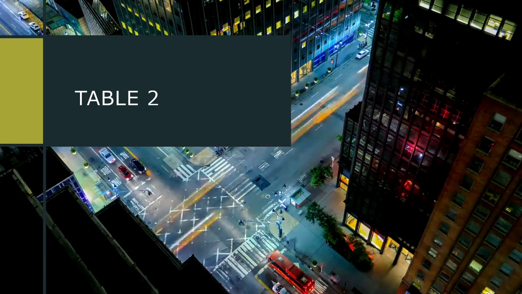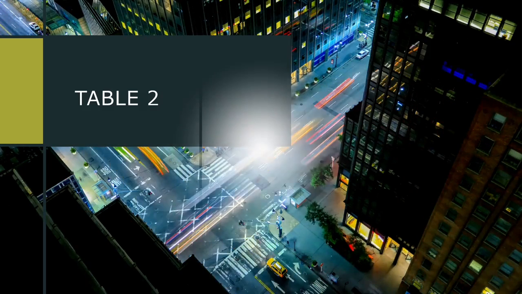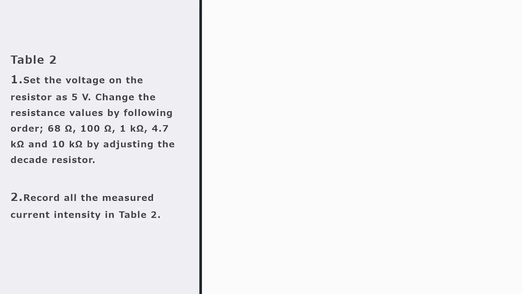Going on with table 2. The procedure says to set the voltage on the resistor as 5 volts and change the resistance value in the following order: 68 ohm, 100 ohm, 1k, 4.7k ohm and 10k ohm by adjusting the decade resistor.